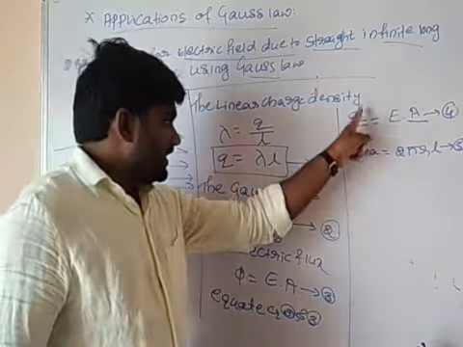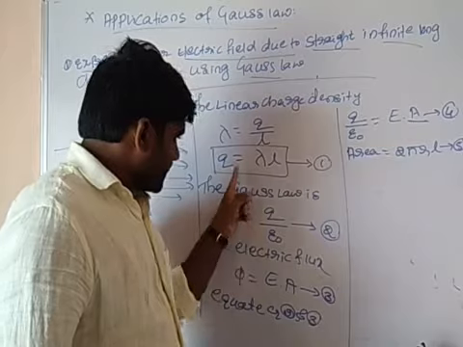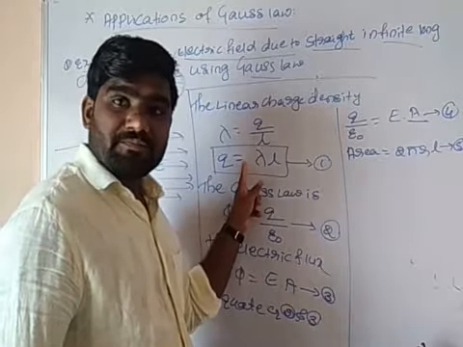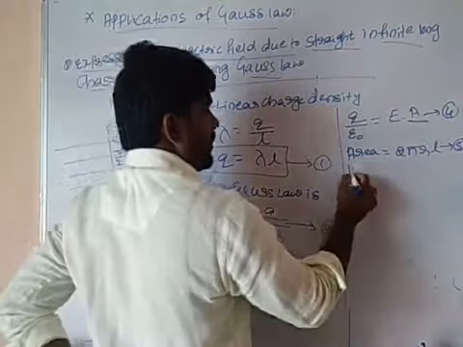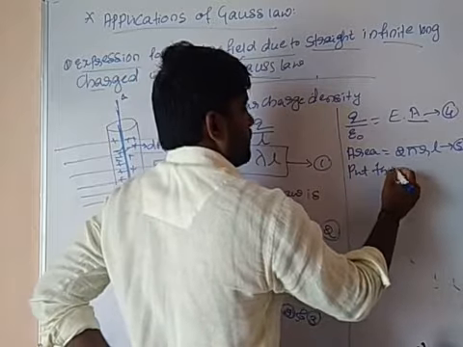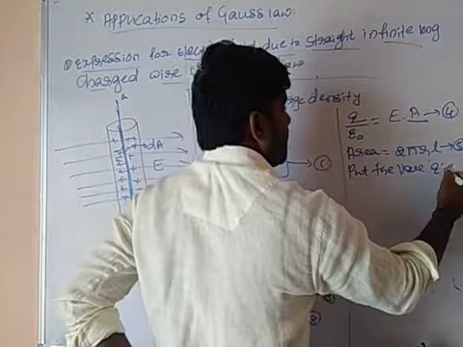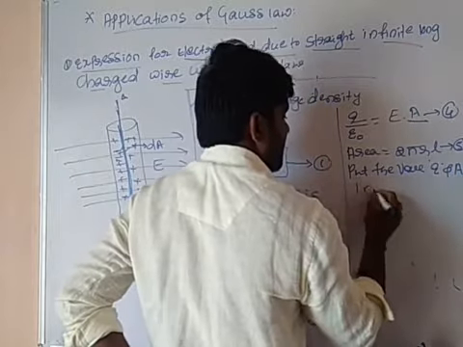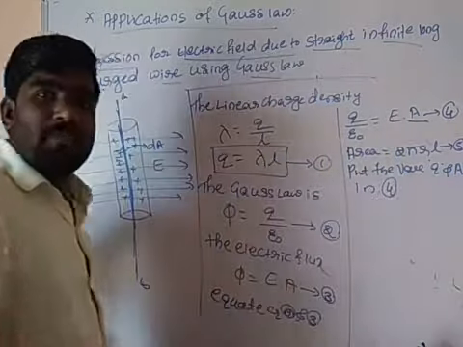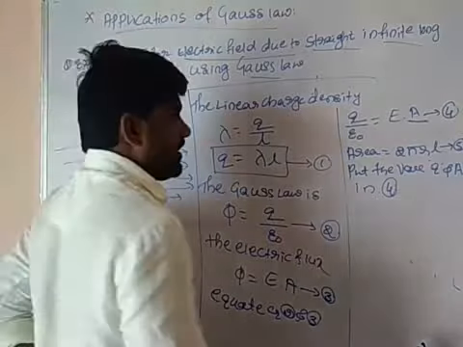We know that the value of Q is lambda into L. Put the values of Q and A in the equation.